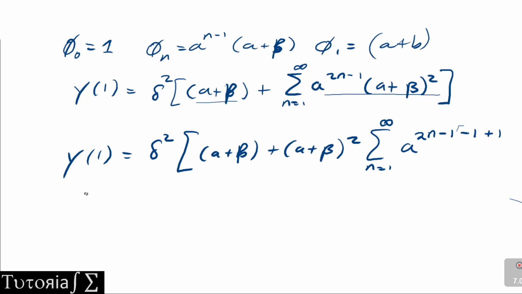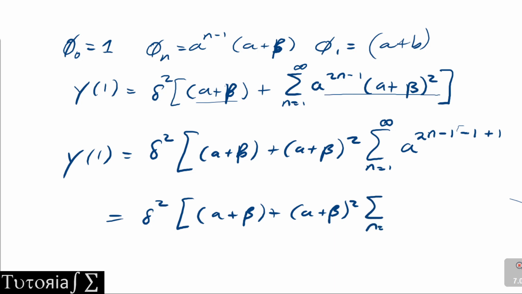So this can be written as a plus beta plus a plus beta to the power 2 from n equals 1 to infinity. Then this will be written as a to the power 2n, then minus 2, then plus 1, which can be written as times a to the power 1.